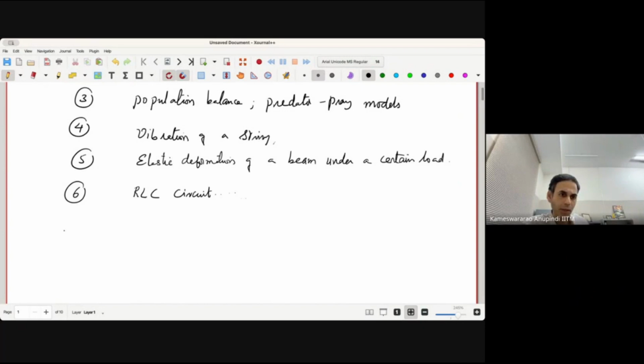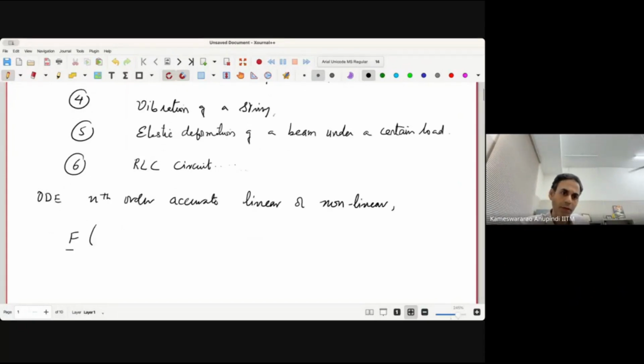So in general, we can write an ordinary differential equation that is nth order, whether it is linear or nonlinear, using some function f, which could be linear or nonlinear, as a function of x, y, dy/dx, d squared y/dx squared, d cubed y/dx cubed, and so on, up to d to the power n y/dx to the power n.